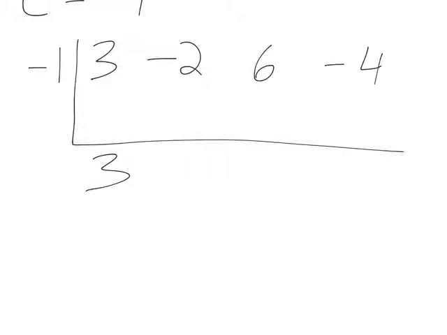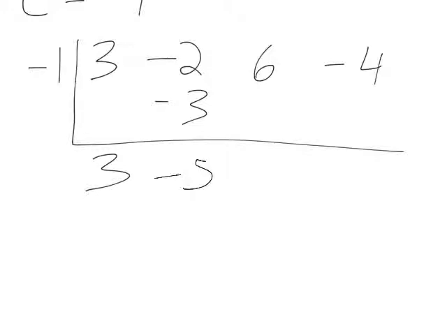And then here's the process that we repeat all the way through the rest of the values. Multiply, write it right here. Negative 1 times 3 is negative 3. Then combine straight down and write that number here. Then you just repeat the process. So negative 2 minus 3 is going to give me a negative 5.